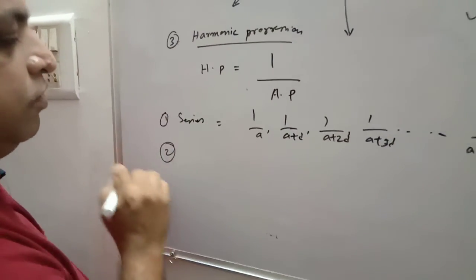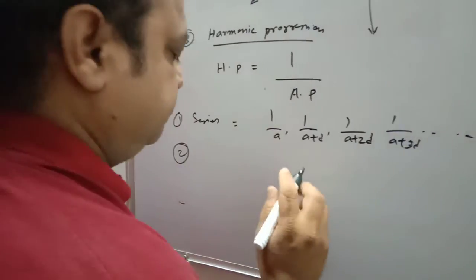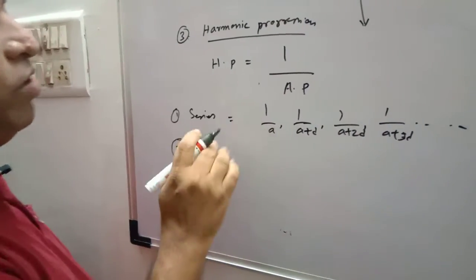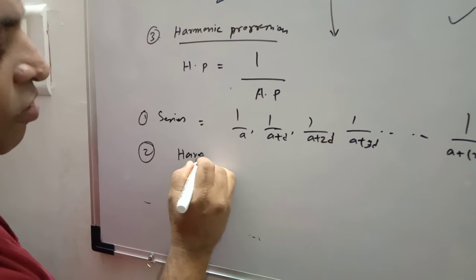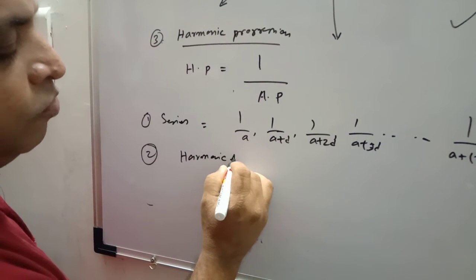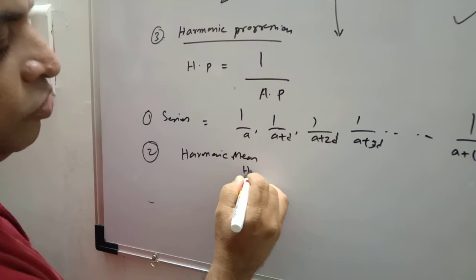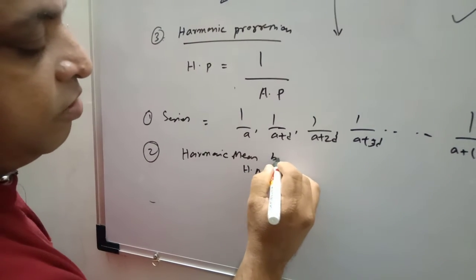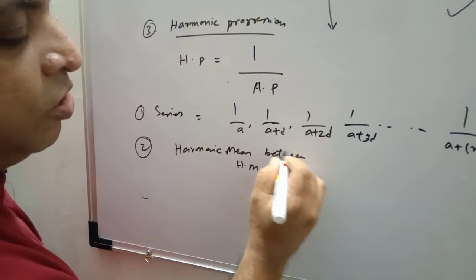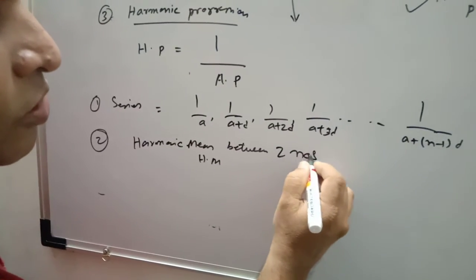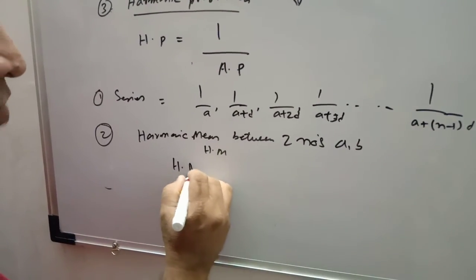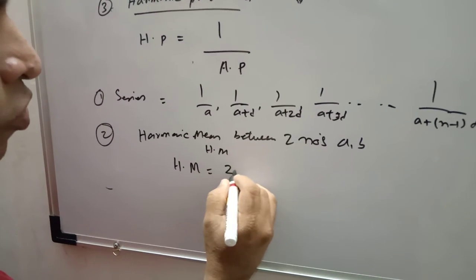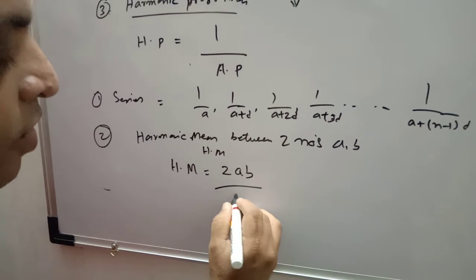And second one is the harmonic mean. The harmonic mean between two numbers A and B is HM equal to 2AB divided by (A plus B).